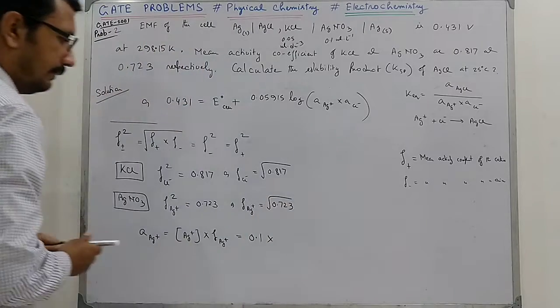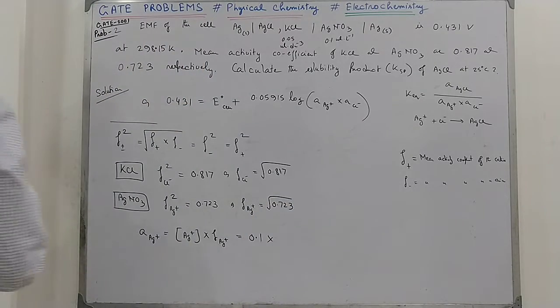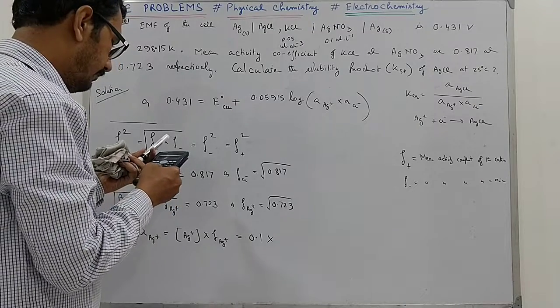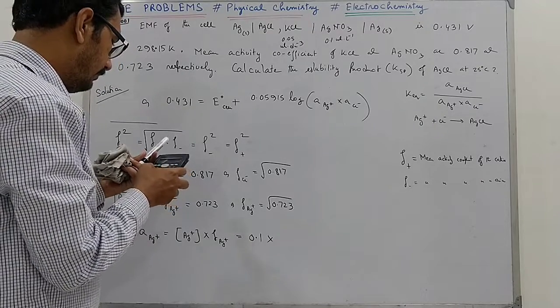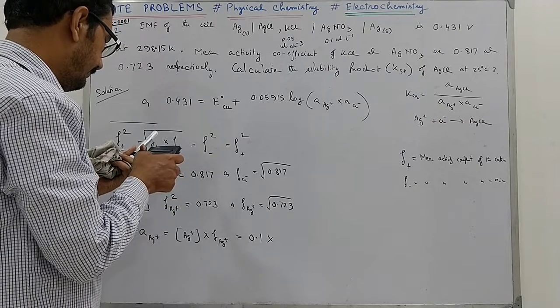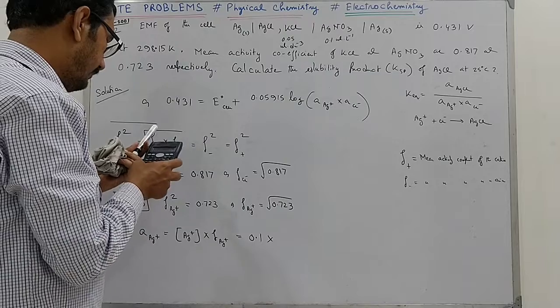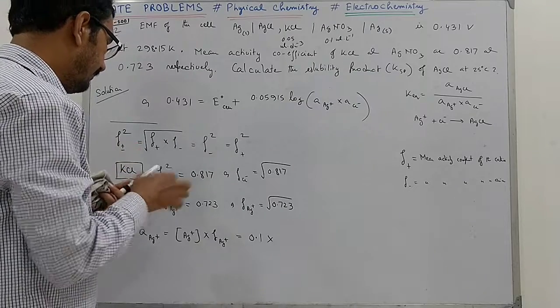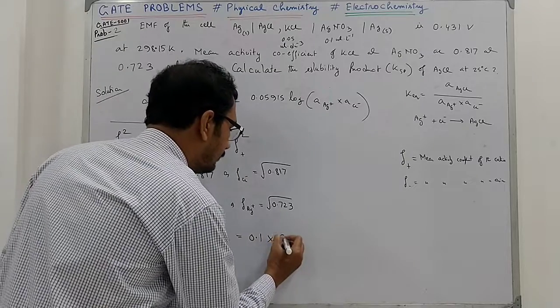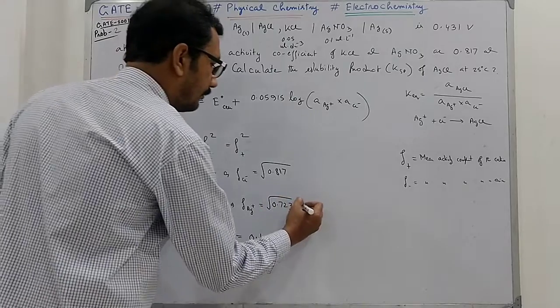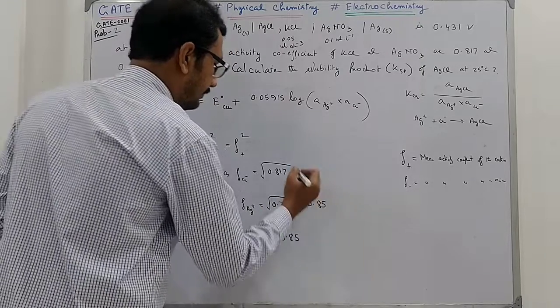I will get this with the calculator. Root over 0.723 equals 0.85.